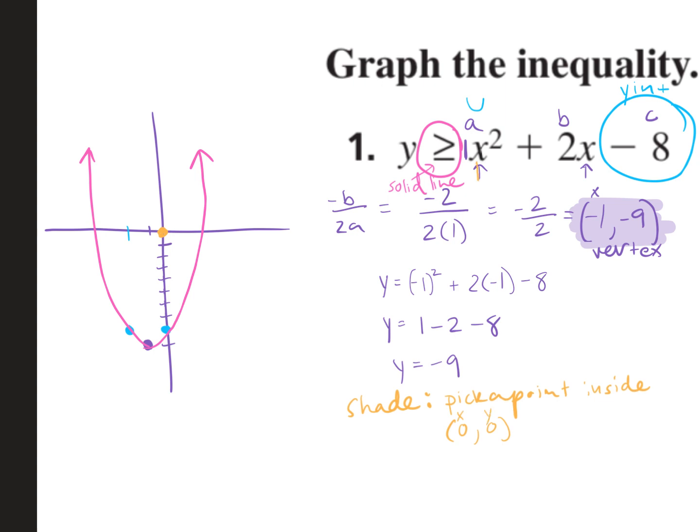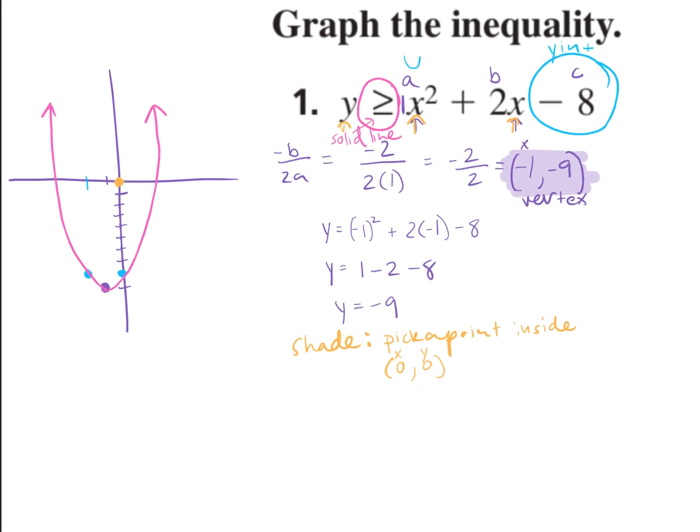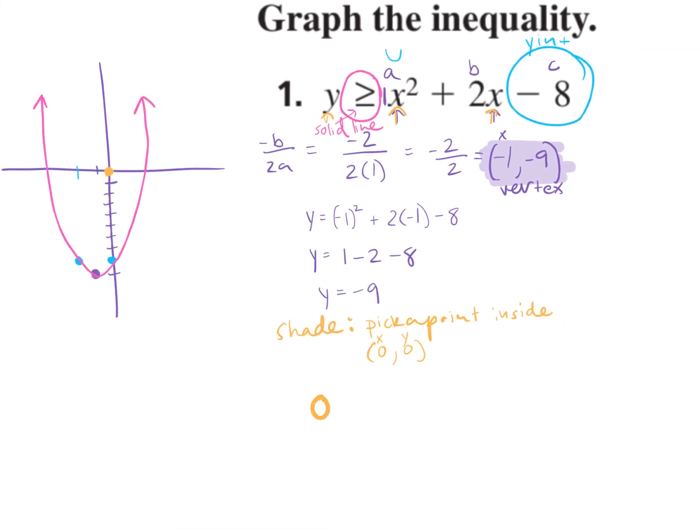So plug it into my x's and y's here. So just one y. We plug it in. So 0 is greater than or equal to 0 squared plus 2 times 0 minus 8. So 0 is greater than or equal to negative 8.